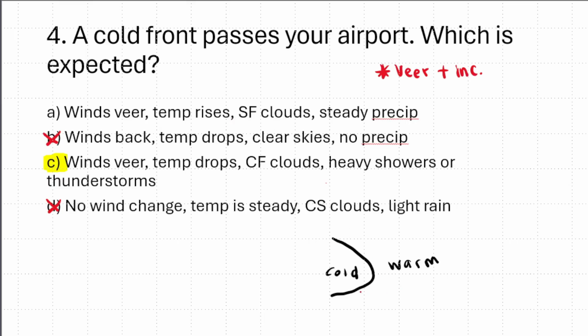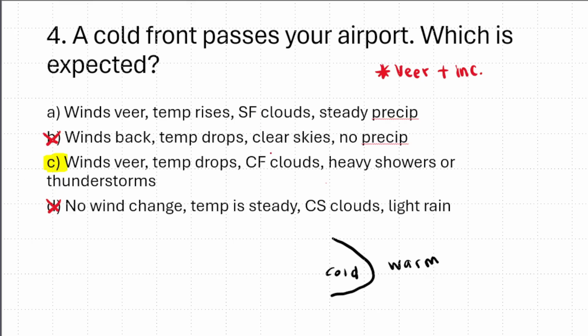When that cold front is passing, the temperature in the beginning might be a little warm because it's mixing with the warm air that was above the ground. However, when you're behind it over here, the temperature is going to drop. So your winds are going to veer, your temperature is going to drop. We don't expect stratiform clouds with a cold front.